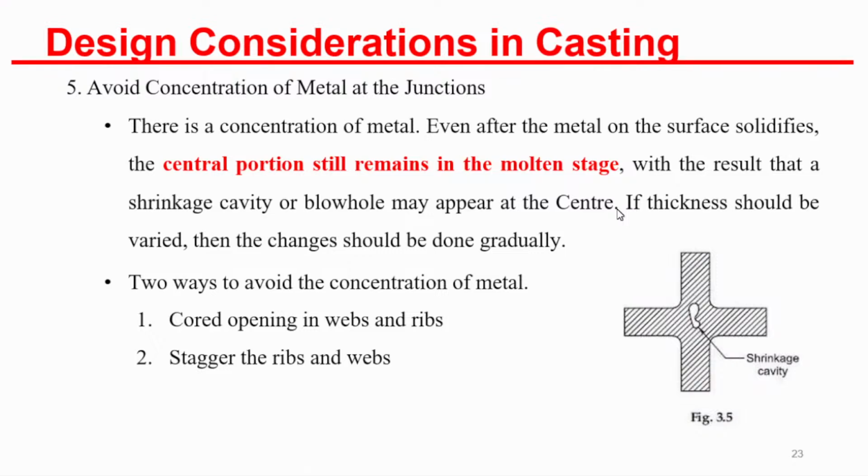One, avoid concentration of metal at the junction. So at thick junctions such as ribs and webs, the metal tends to accumulate.